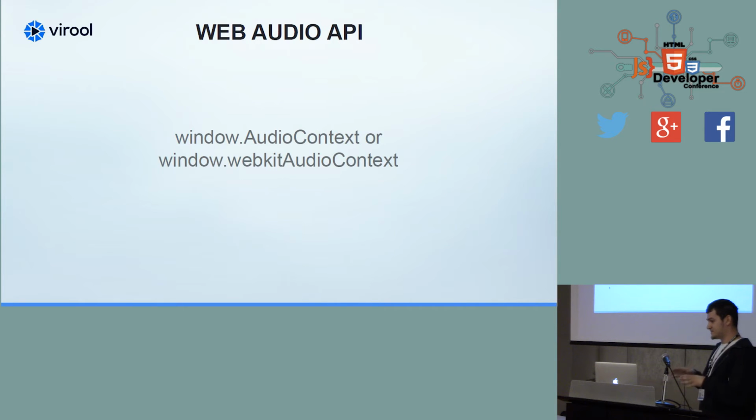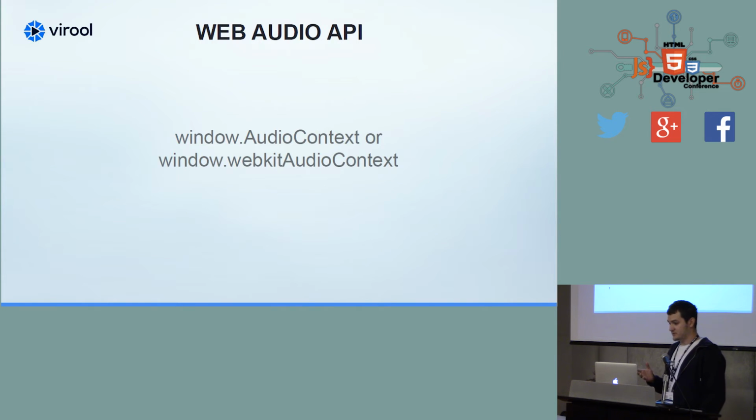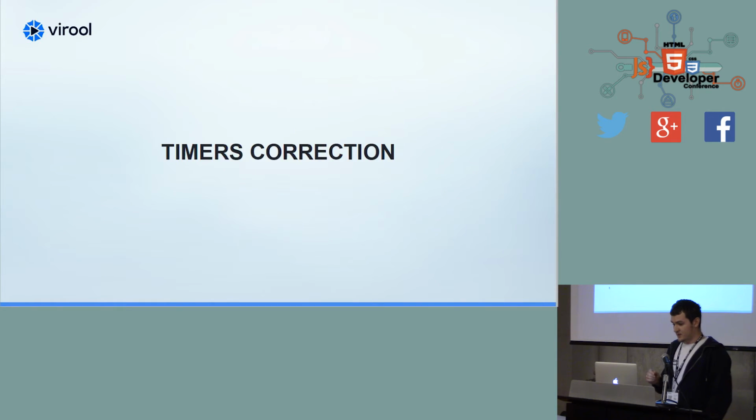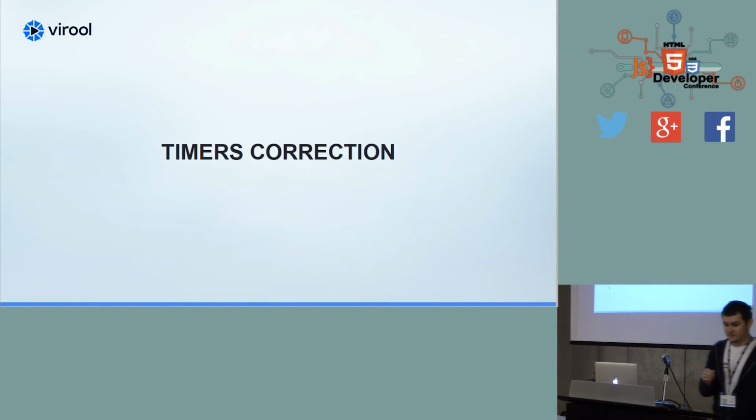This is absolutely different from the audio tag, and this allows us even to add some audio effects, say echo or something like that. So we can switch on the audio when we have 100% of the audio file loaded. And the main problem after using this API is correction of our video and audio streams.